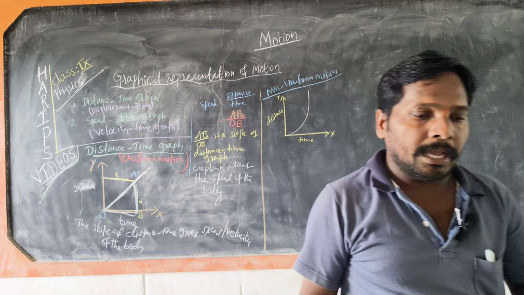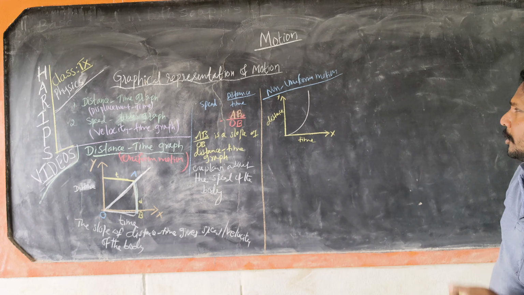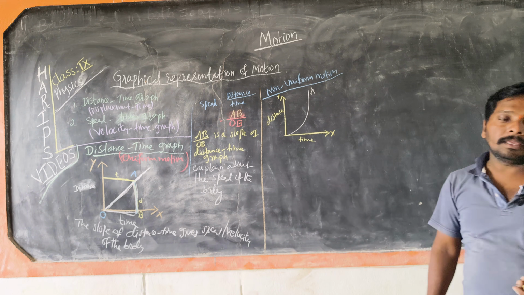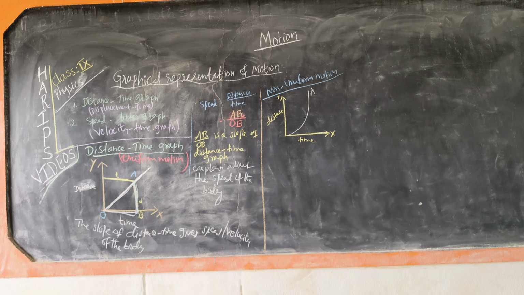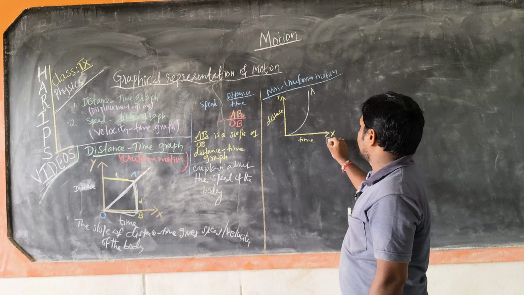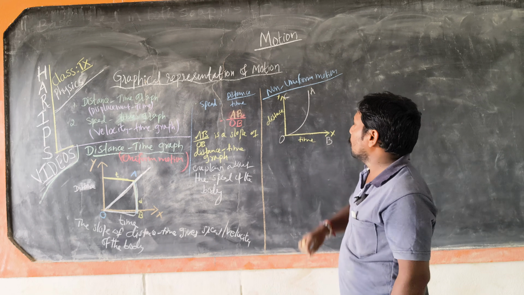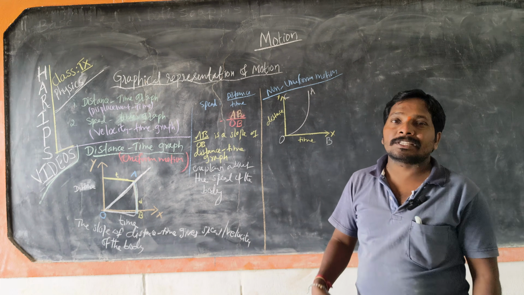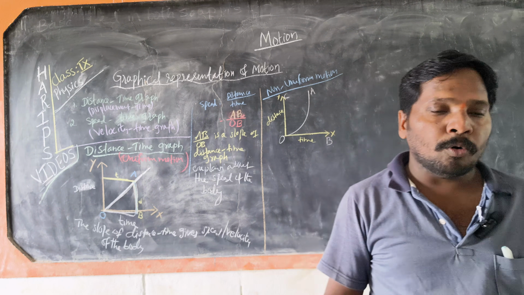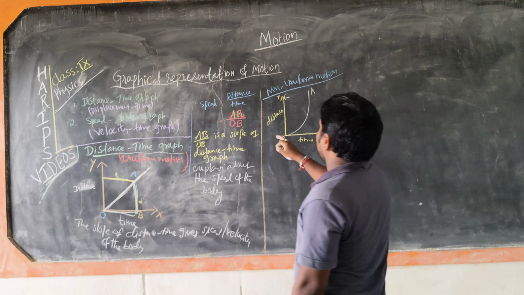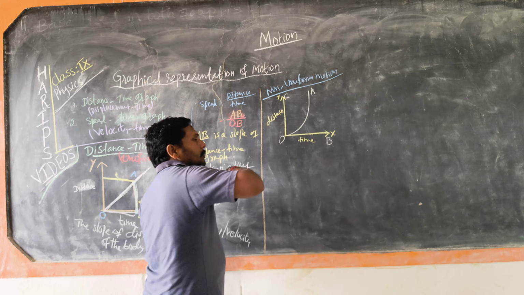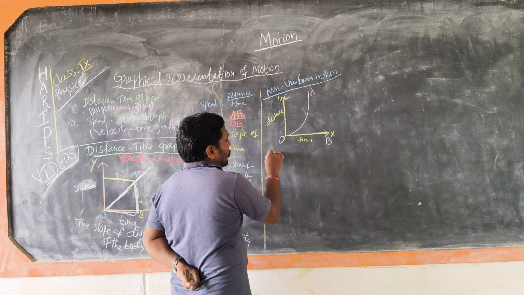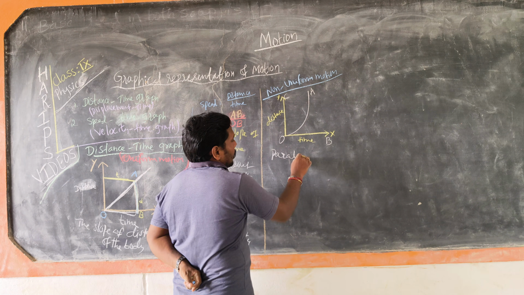Here we take the points A, B, and C, with O as the origin. The curved line gives the slope of the distance time graph for non-uniform motion of a body, like a parabola.